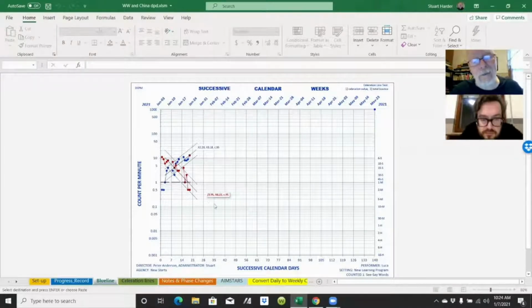These counts are actually dropping more rapidly than the corrects are increasing. They're coming down at divide 2.95, excuse me. And that tells you that every week, the errors are falling off by a factor of about 3. They're dividing 3 times every week.